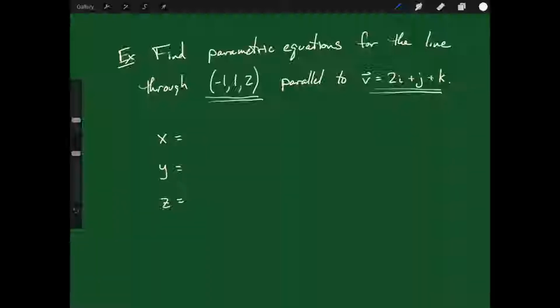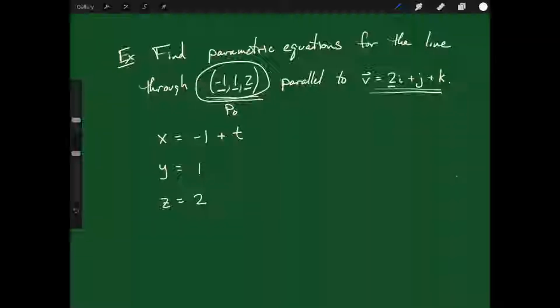And this initial point P0 up here, I just plug in the x0 value, -1, right here. I plug in 1 right here. I plug in 2 right here. So that's the initial point of this line, plus t times v sub 1.